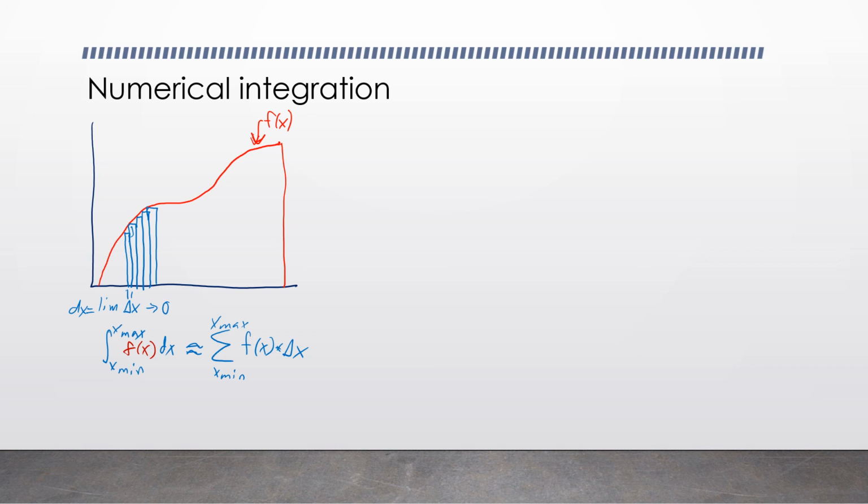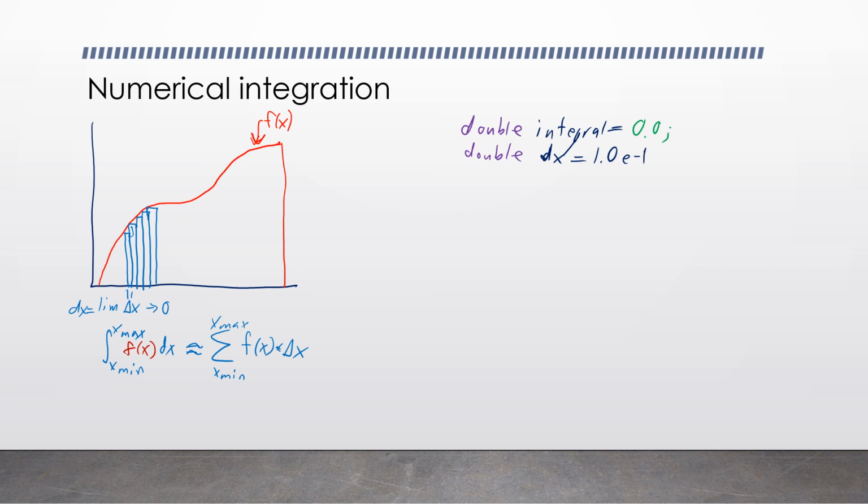So we can do this with a for loop. Double integral equals, starting off at 0.0, and double dx equals a sufficiently small number, say 1.0e-6. Okay, we can actually go much smaller.